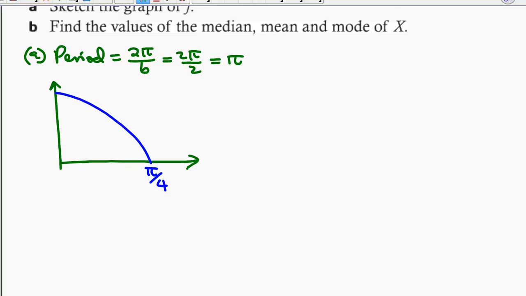So let's start with the first calculation that they expected us to do. So part A is done. Part B, median. So to find the median, actually I can work this out below here.